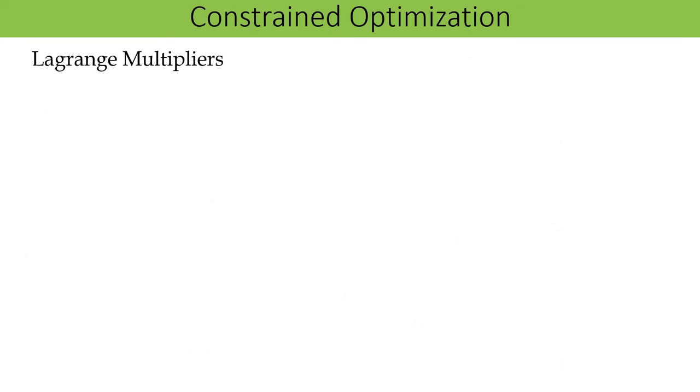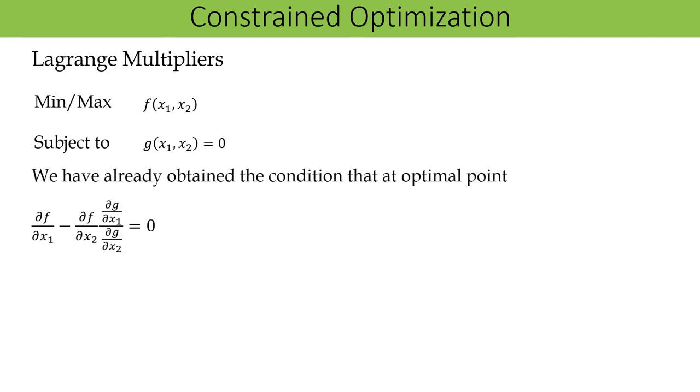Okay, so let us discuss the Lagrange multiplier method. Again we'll discuss the same problem with two variables, that is minimization or maximization of f(x1, x2) subject to z(x1, x2) equal to 0.